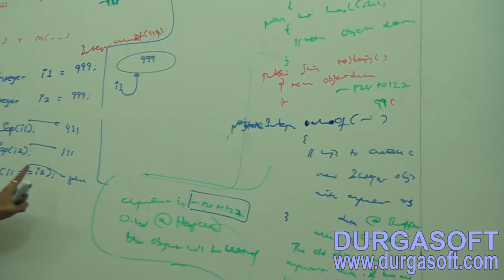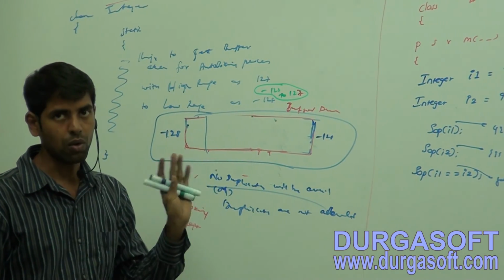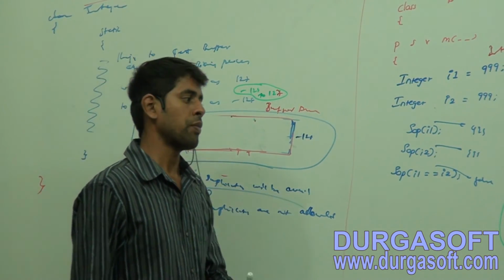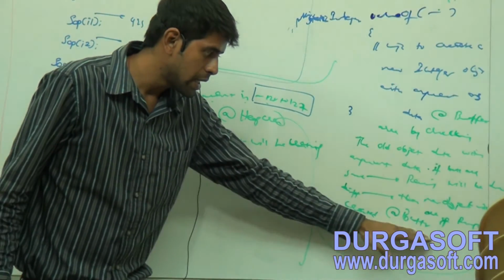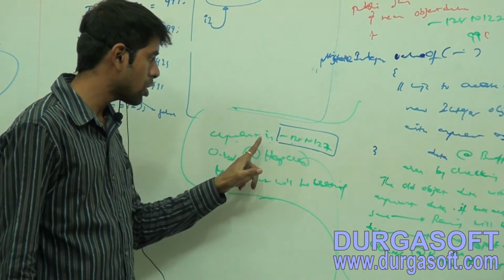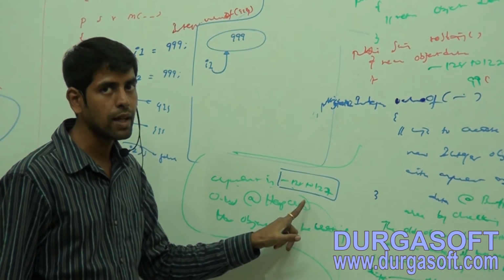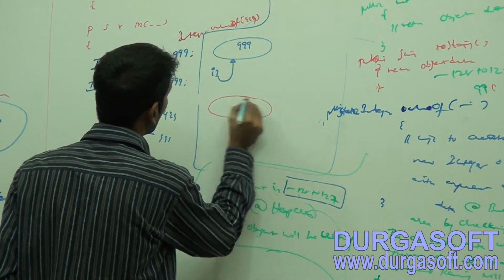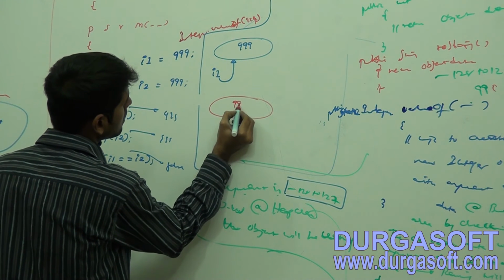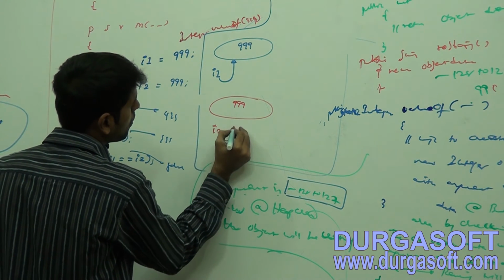Do we have any object at the buffer area? No. Now no object at the buffer area, then a new object will be created at the buffer area if the range of the argument is within this range, otherwise at the heap area. Now at the heap area, one more new object with the data as 999, i2.